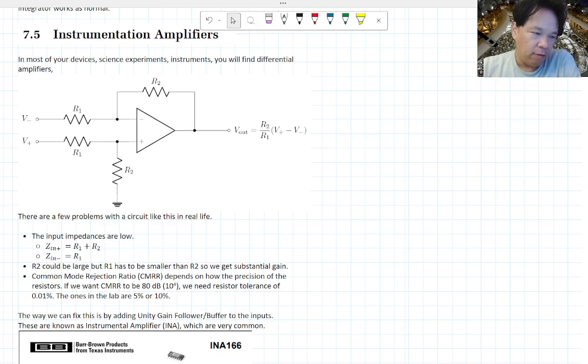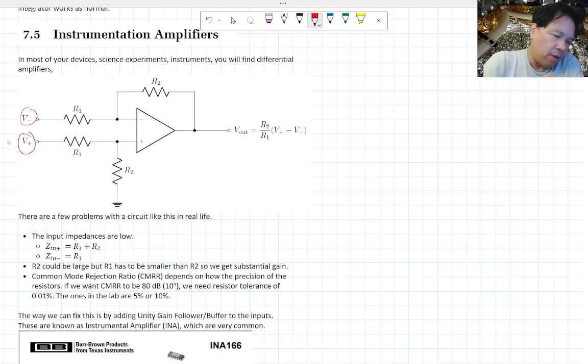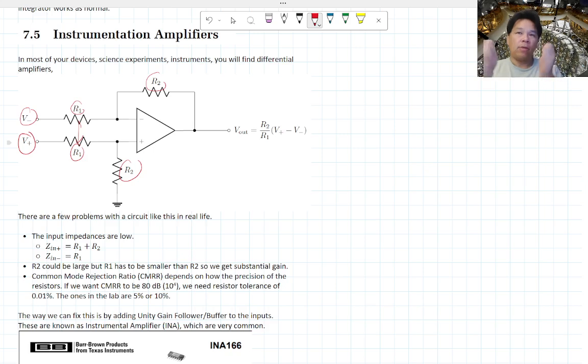the differential amplifier, the one we studied before, has 2 inputs, a negative and a positive input, and these R1 resistors are matched together, and the R2 resistors are also matched together, so that both the negative and the positive side have the same gain.